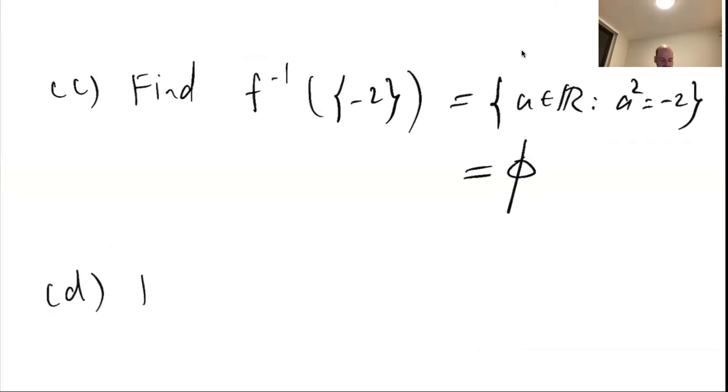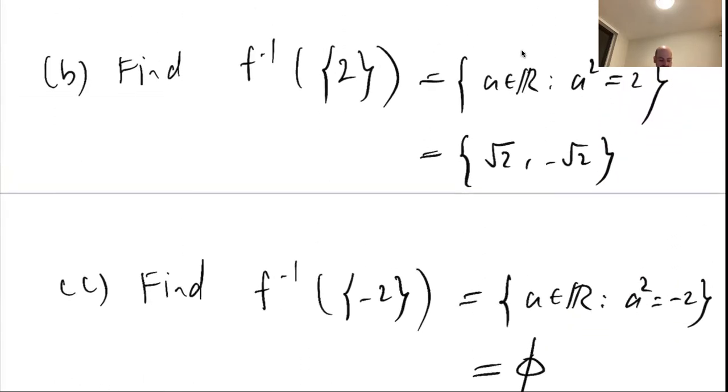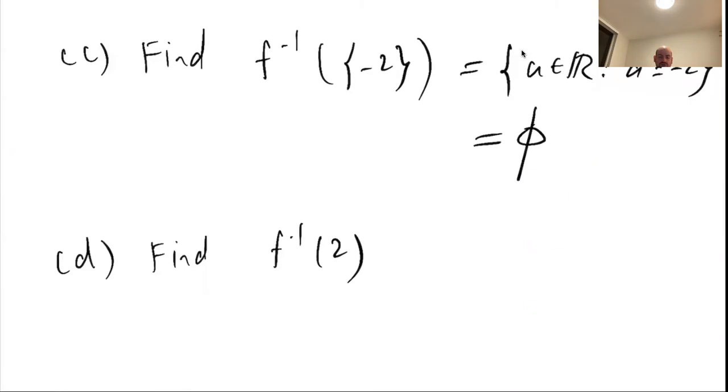And part D, find, let's say, f inverse of 2 itself. See, in part B, we found f inverse of the set containing 2. But here you want to find f inverse of 2. There is no set notation anymore. What do you think this one is?